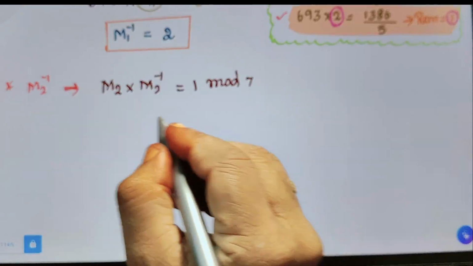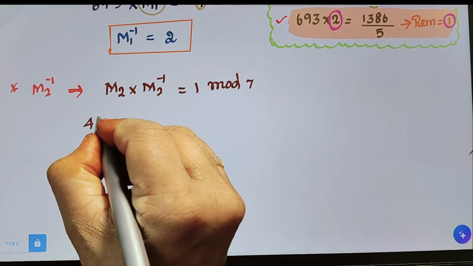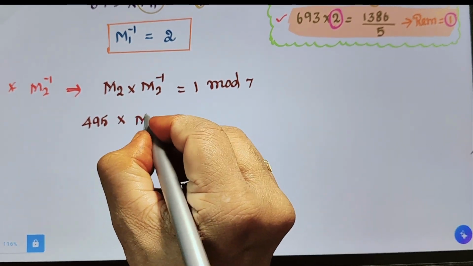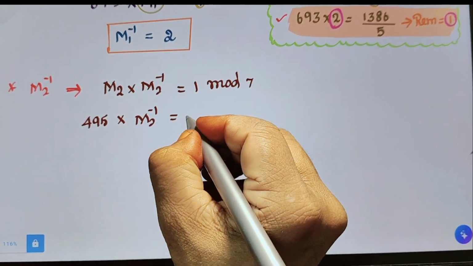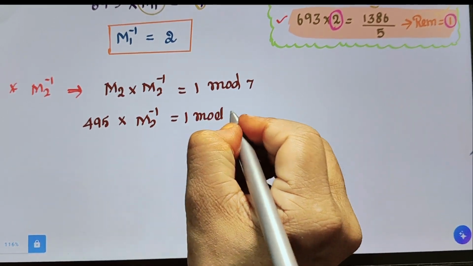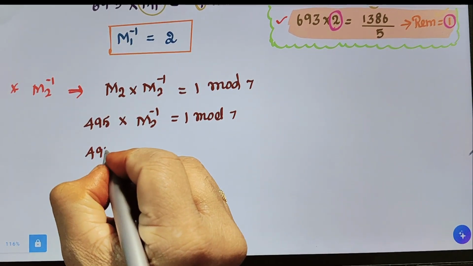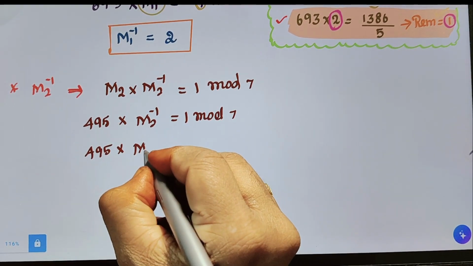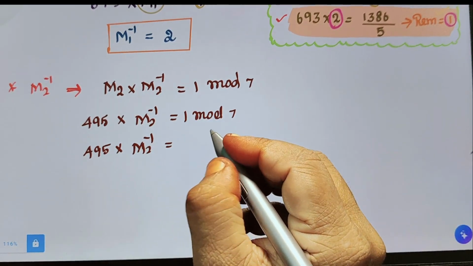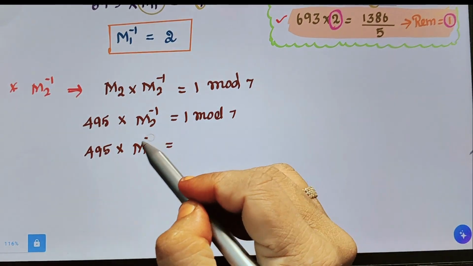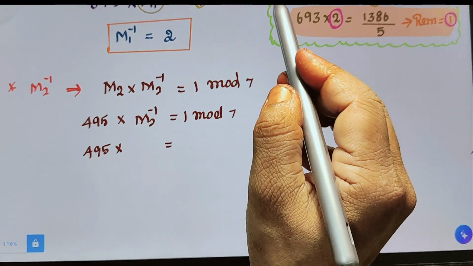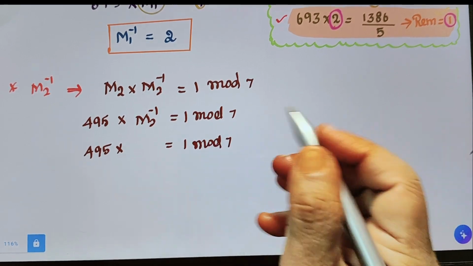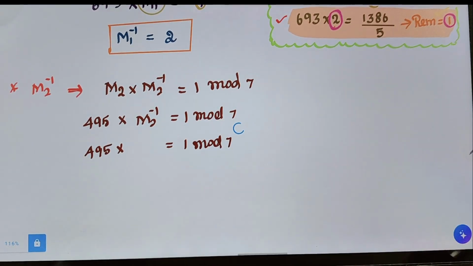Next, write M2, 495, into M2 inverse equal to 1 mod 7. Then 495 into M2 inverse, we don't know, right? M2 inverse equal to, we don't know the value of M2 inverse, so just leave the space, then 1 mod 7.